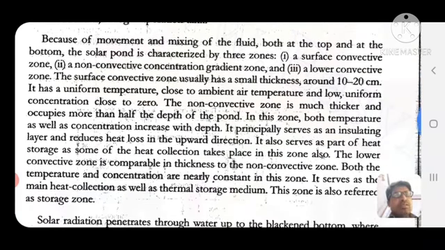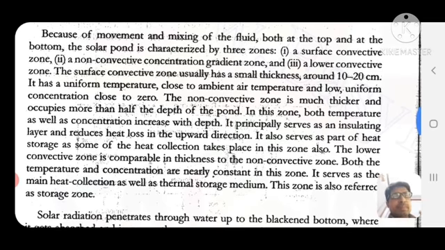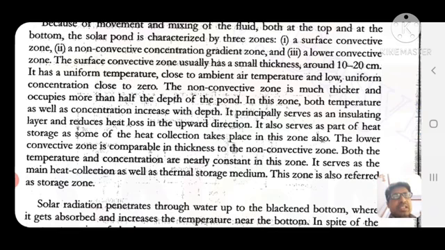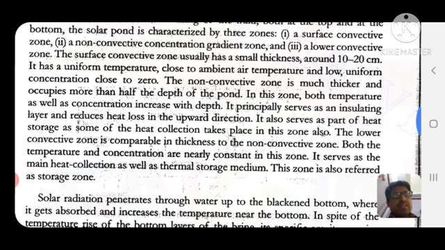The non-convective zone is much thicker and occupies more than half the depth of the pond. In this zone, both temperature as well as concentration increase with depth. It principally serves as an insulating layer and reduces heat loss in the upward direction.